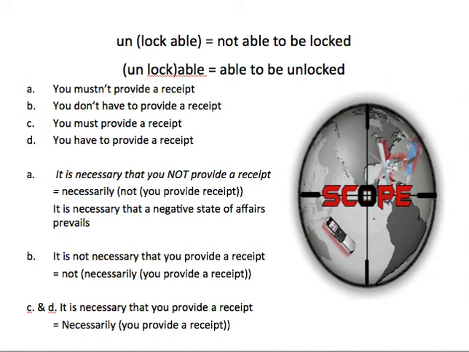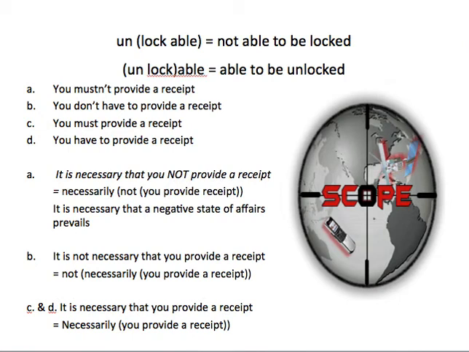But with A and B, there is a distinction. You mustn't provide a receipt and you don't have to provide a receipt are not the same meaning. So in A, we can gloss this as it is necessary that you not provide a receipt. Notice where the negation is. And we can express that semantically as necessarily, (not (you provide a receipt)).